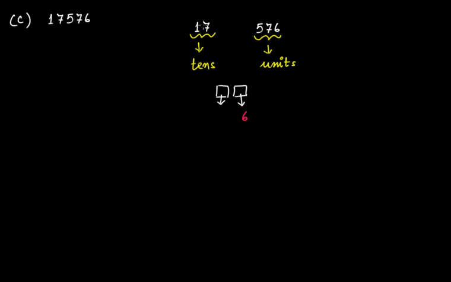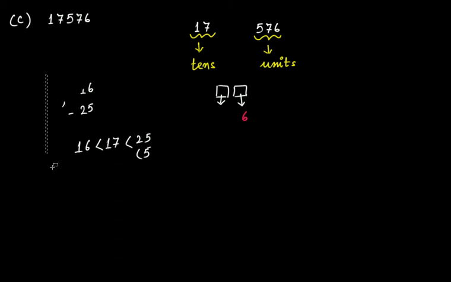This is 17. What is 4 squared? 4 squared is 16. What is 5 squared? 5 squared is 25. It means that 16 is less than 17 is less than 25. Sorry, we don't have to take squares.